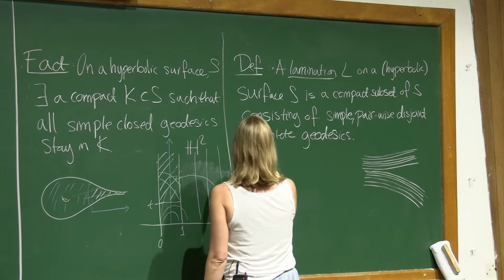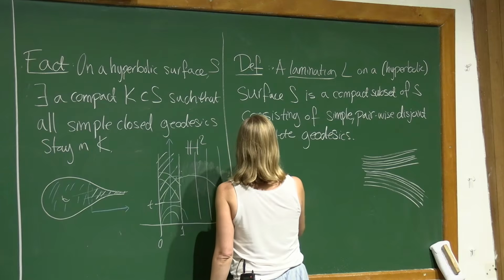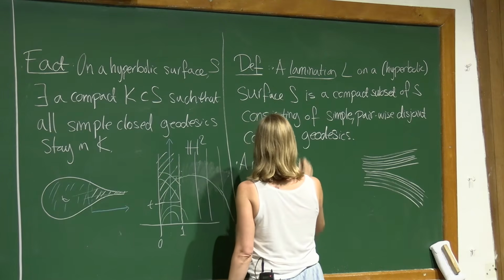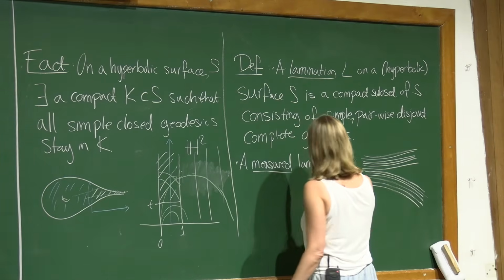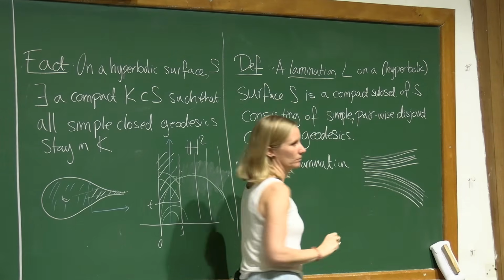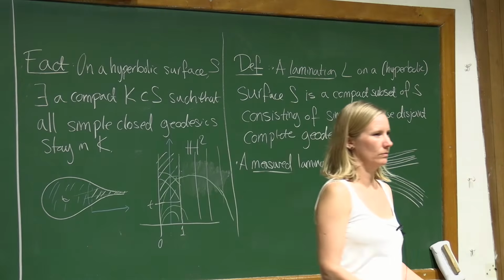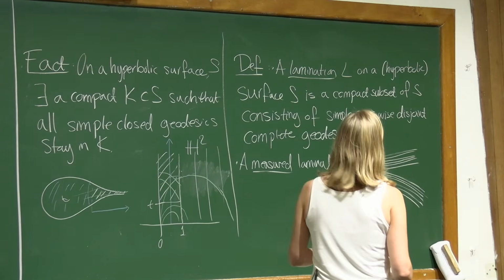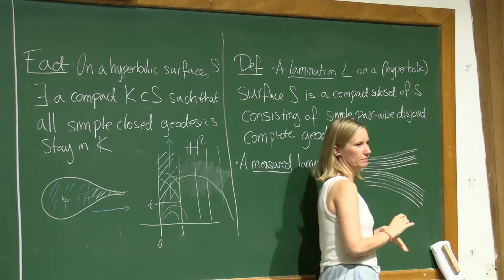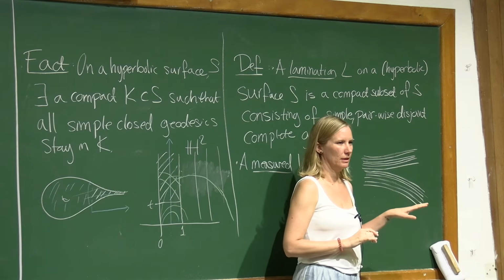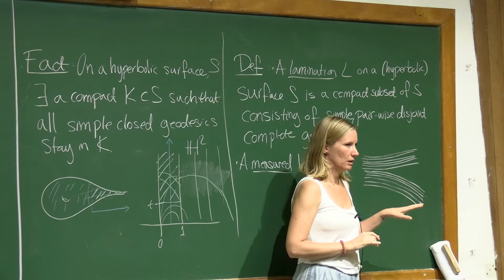A measured lamination. Do these have only finitely many geodesics, or no? In general, you cannot accumulate in between the part that is opening like this.